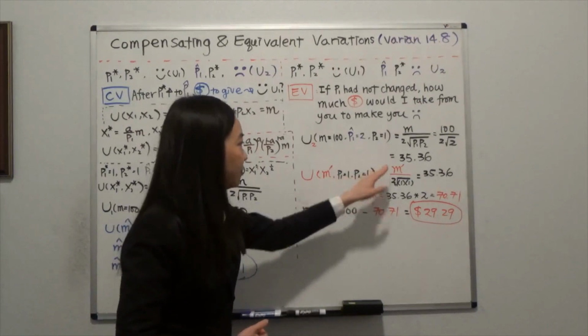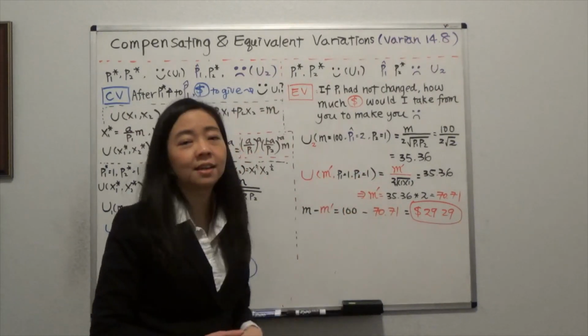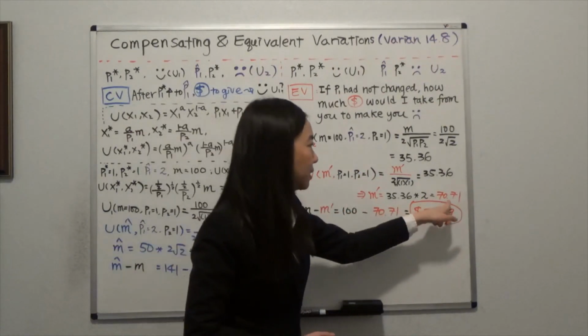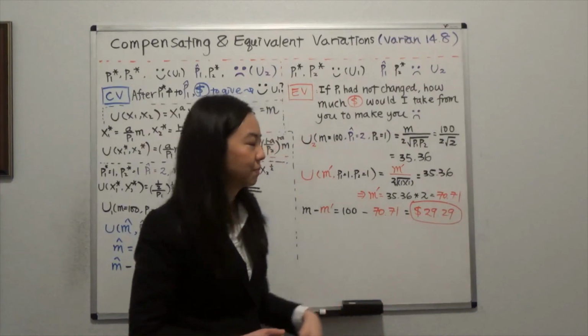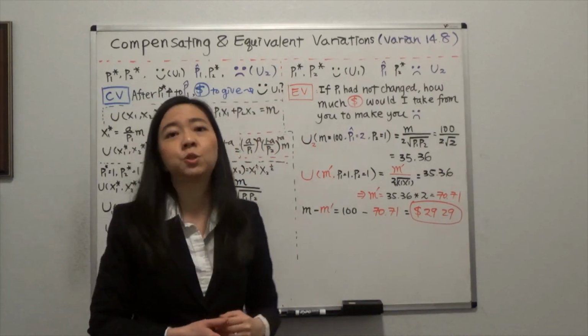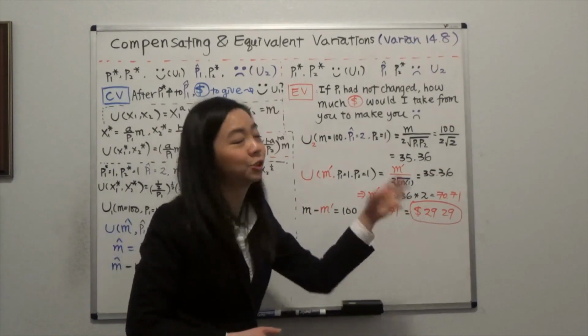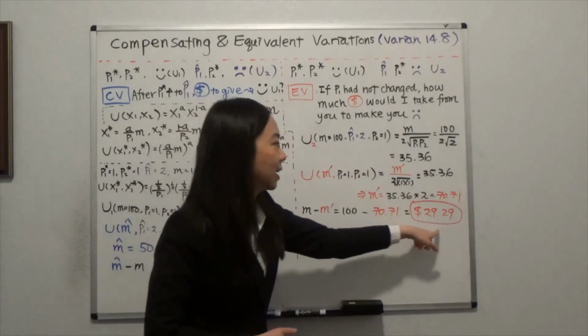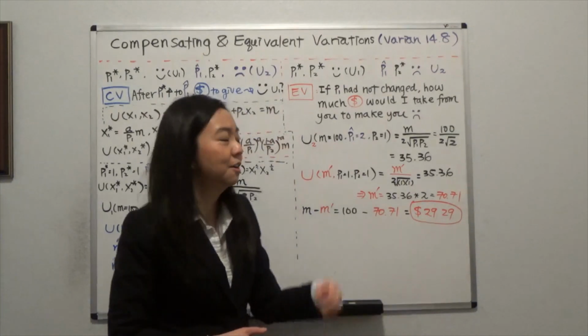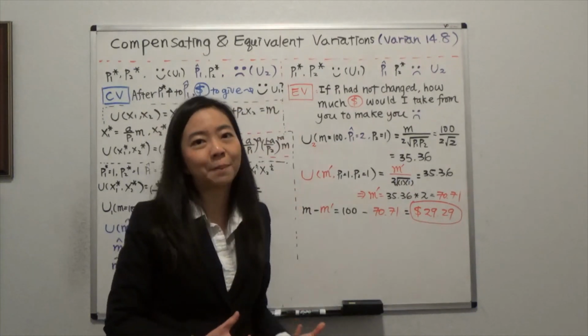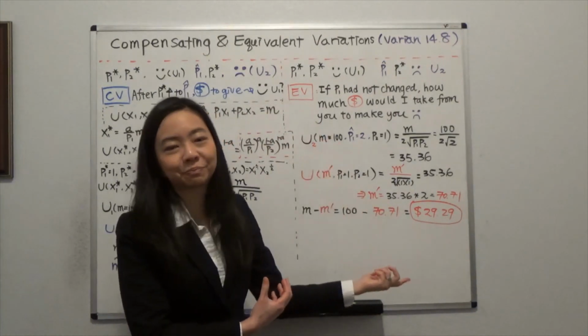And after I calculated, I noticed that the amount of budget is about $70.71. So I know in period 1 you had a budget of $100. That means I would have to take away $29.29 for you to feel as bad as in period 2.